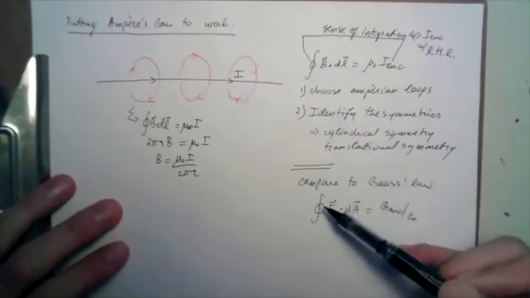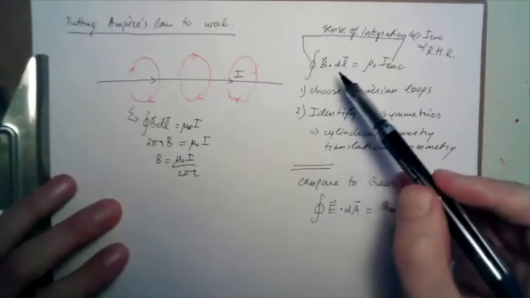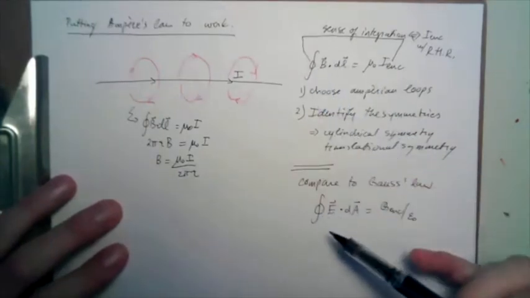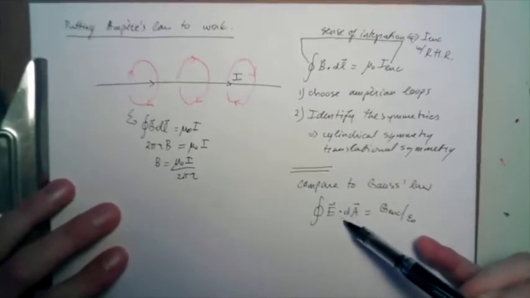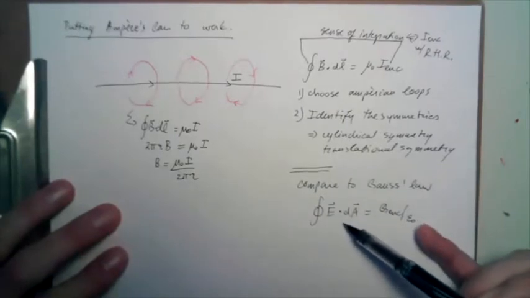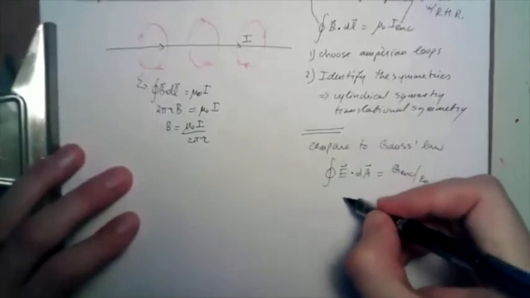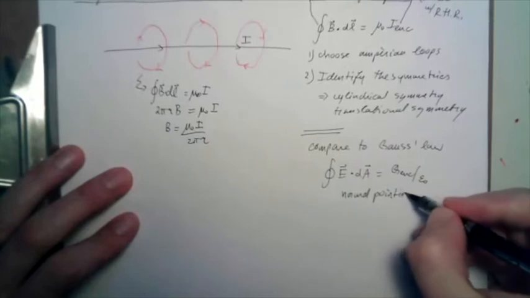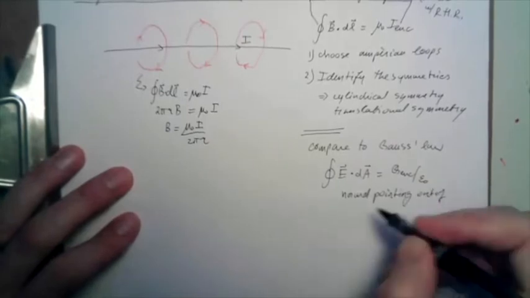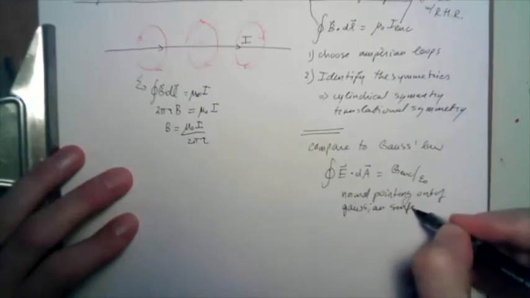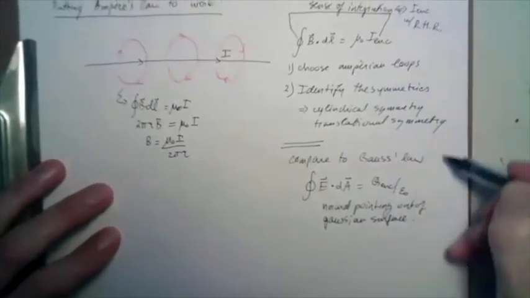This is a closed path, this is a closed surface. So they look very similar, but that sense of integration is not here because we're not doing a line integral. The only thing you can perhaps think about is saying that the flux is pointing out, so the normal is pointing out of the Gaussian surface, so that you can compare with this right-hand rule.